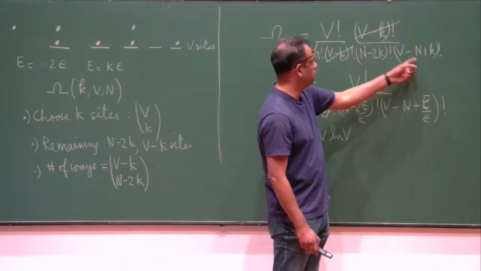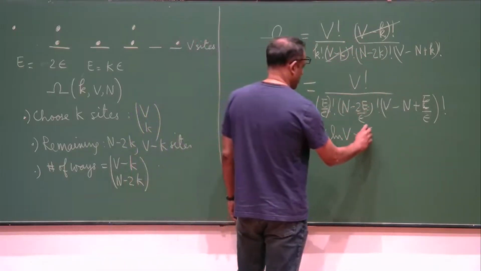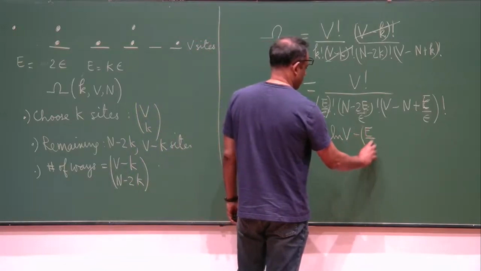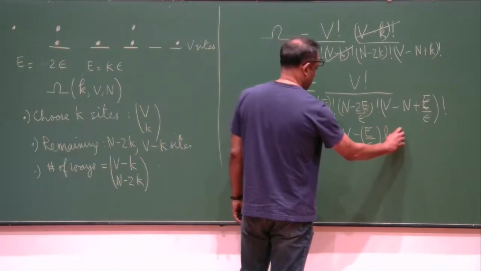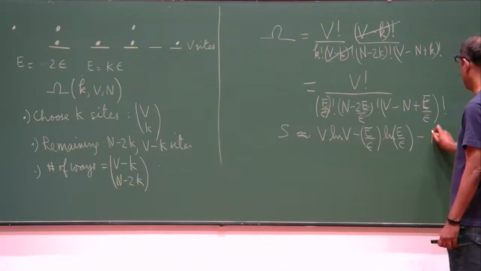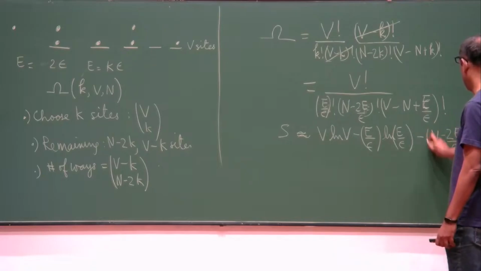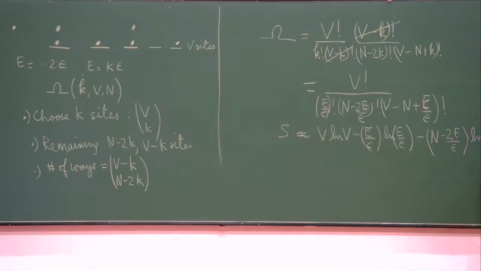When I add to this it is V. So I just have to keep V log V minus E by epsilon log E by epsilon minus epsilon minus V minus N plus E by epsilon.